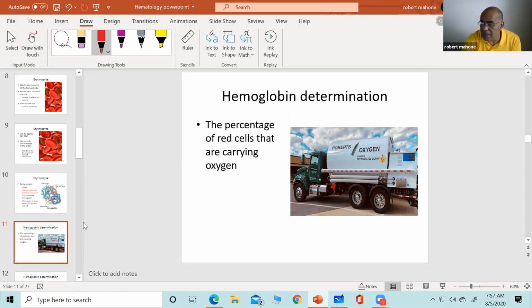So can anybody take a stab at guessing what an average hemoglobin determination should be for a person? What percentage of your red cells should be carrying oxygen for you? Requires a little bit of critical thinking. What'd you say, Chris?